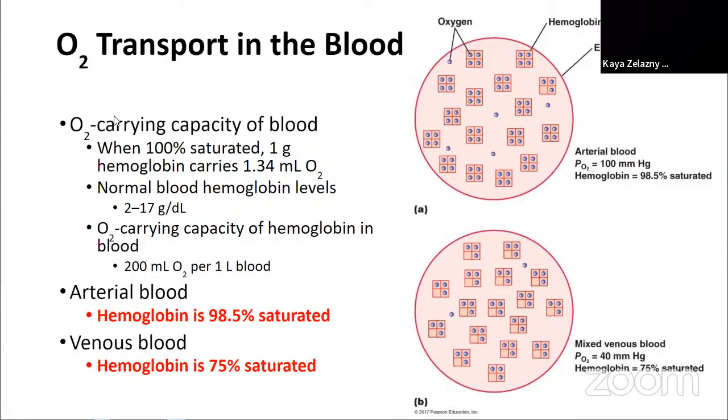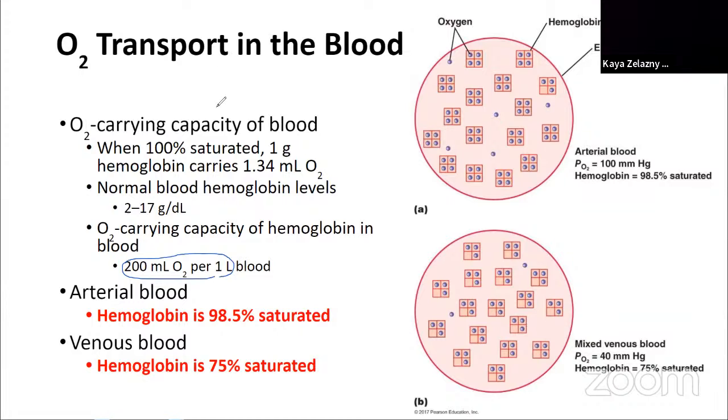You did this overall math, I believe, in phys lab last semester, but here's the number we're really going to care about, if we care about any of them, is that the oxygen carrying capacity of hemoglobin is about 200 milliliters of oxygen in 1 liter of blood. So that's how much oxygen we could fit in a liter of blood.